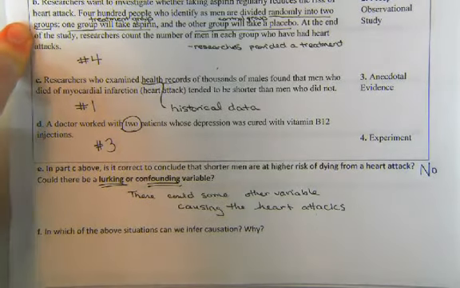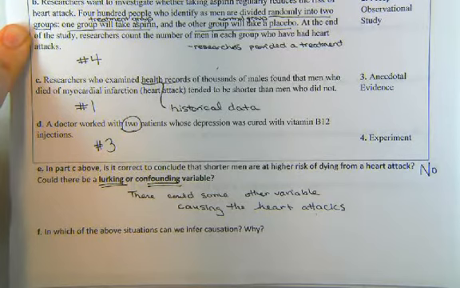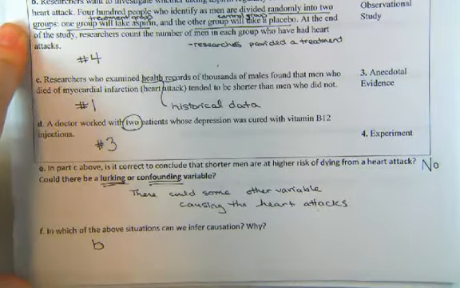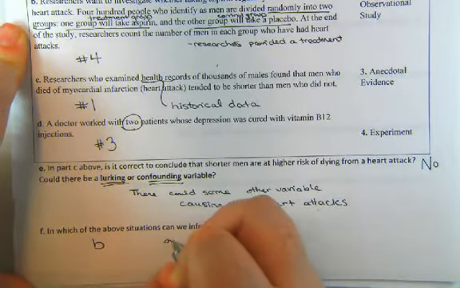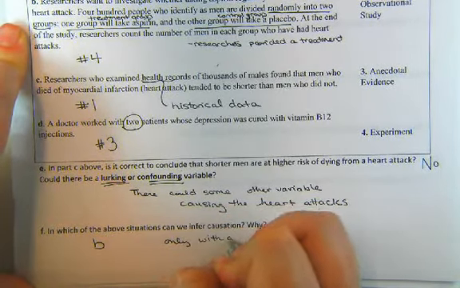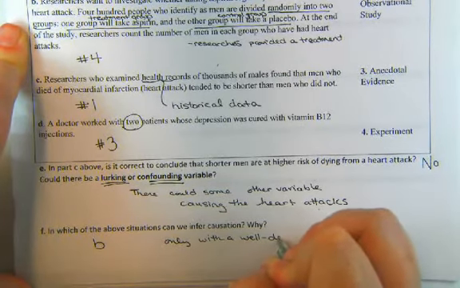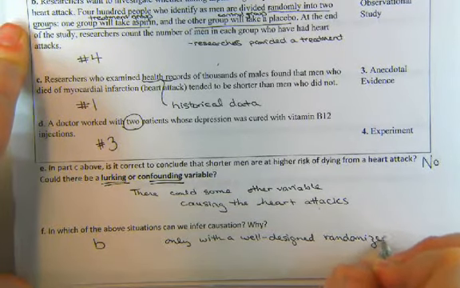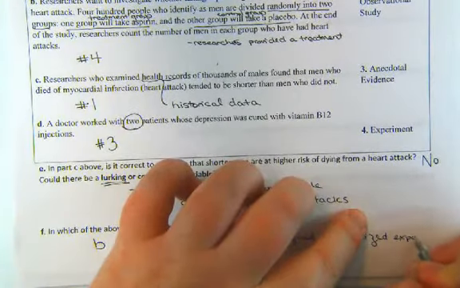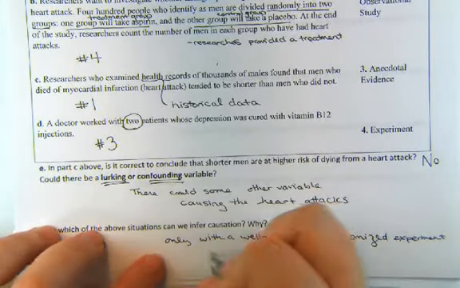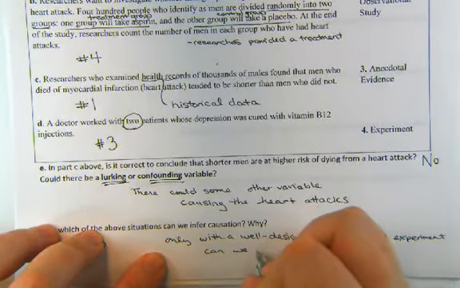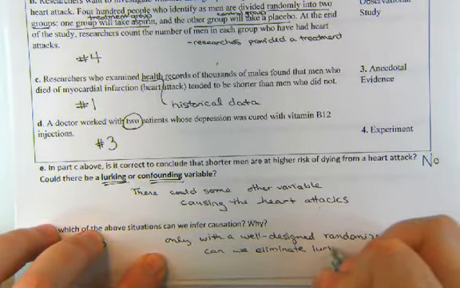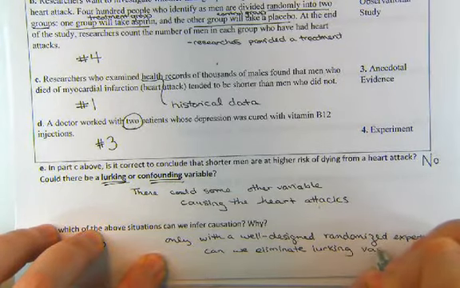So only with a well-designed randomized experiment can we eliminate lurking variables. With all of those factors in there, the randomization and checking the placebo effect, that's eliminating things that could possibly cause biased results. So if we have those pieces, we're getting closer and closer to being able to talk about cause and effect.